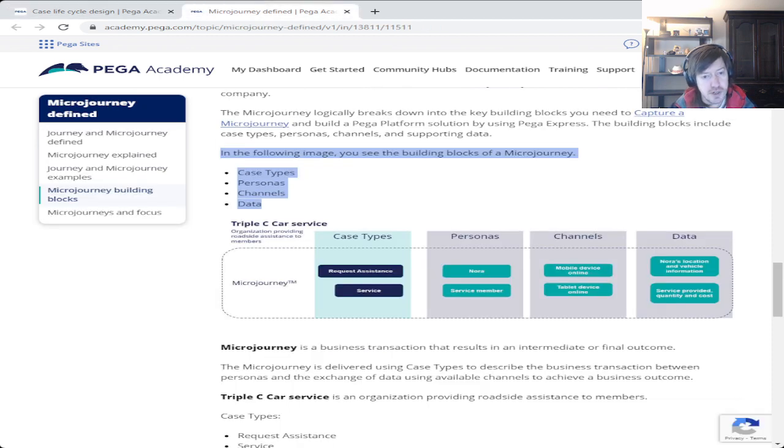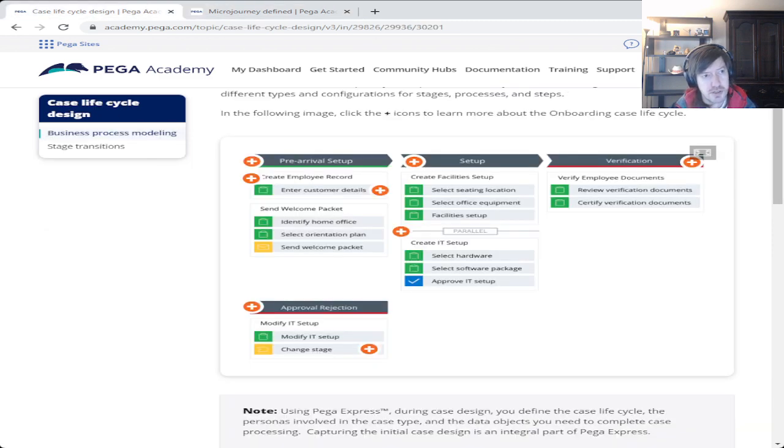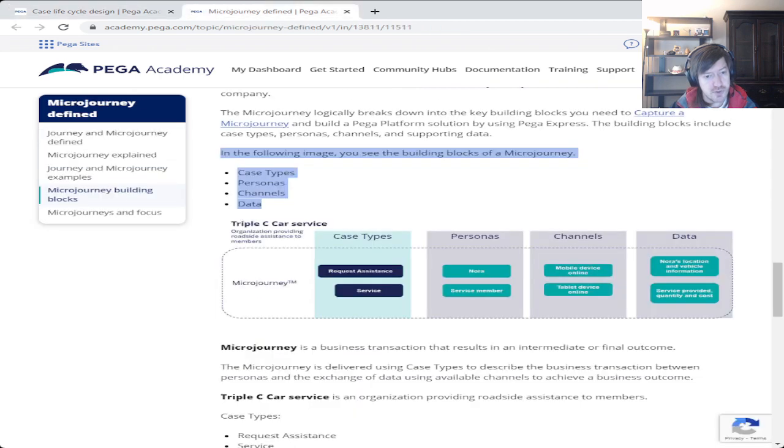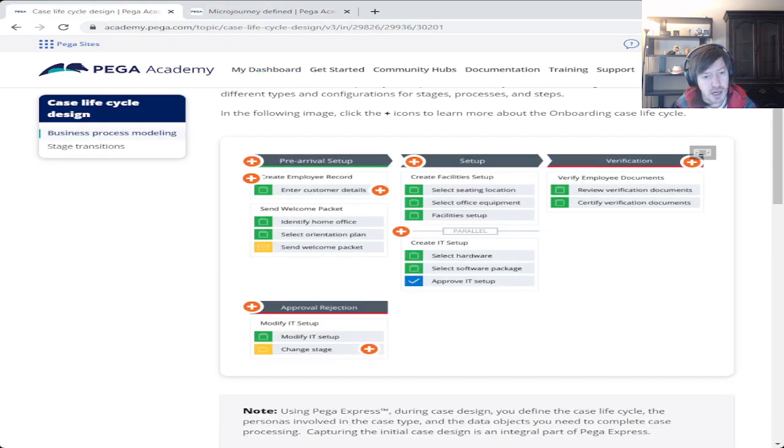You can do all of this, request assistance and service, all within this case lifecycle design. You don't have to have just one stage for request assistance, persona Nora, channel mobile device, and data. There's no end goal.